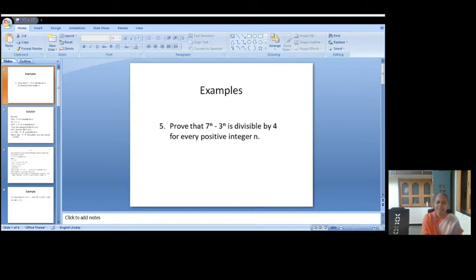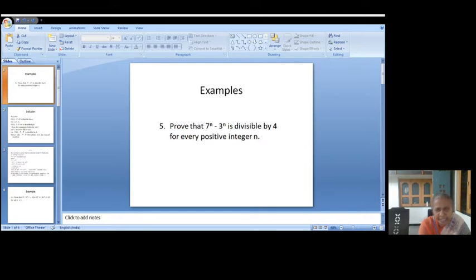Here the concept of divisible is somewhat different. We write a divides b as b equal to some k multiplied by a. Here also, 7 raised to n minus 3 raised to n is divisible by 4 means it is of the form 4 multiplied by some integer.